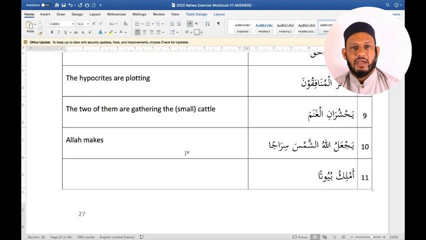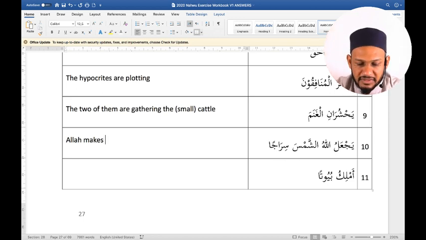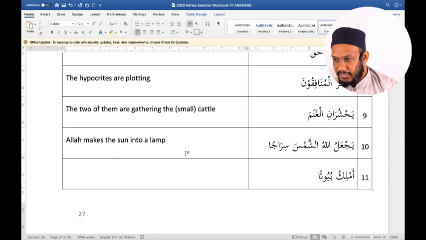If I say I taught the student English, what does it mean? I taught, I am the fa'il. The student is one maf'ul and English is another maf'ul. So some words will have two maf'uls. Okay. So Allah makes the sun into a lamp. Okay. Next one.